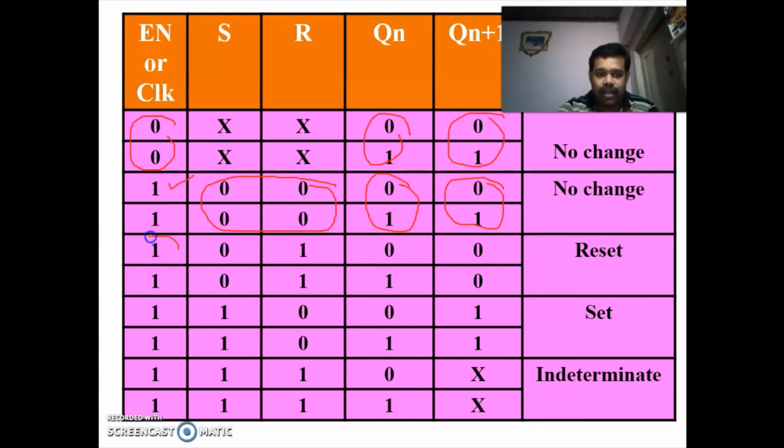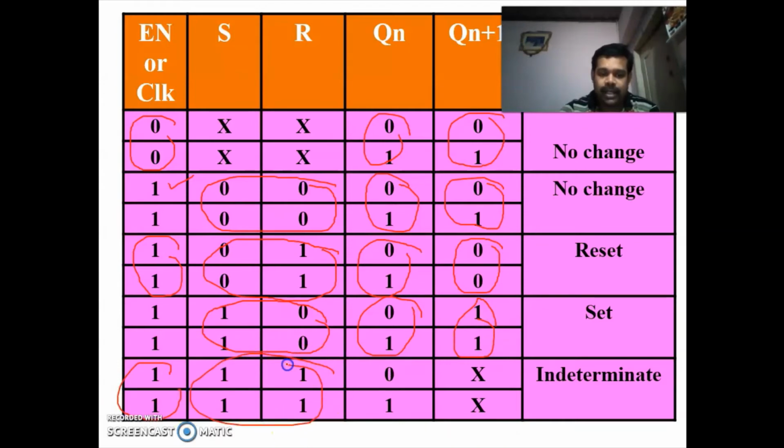Similarly, when clock is 1 and S is 0 and R is 1, the next state will be 0. When clock is 1 and S is 1 and R is 0, whatever you are having, either 0 or 1, your next state will be 1. And when clock is 1 and S and R are 1, it is a forbidden state.